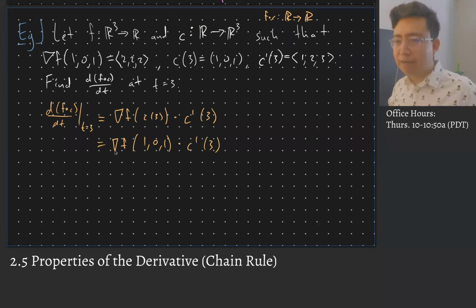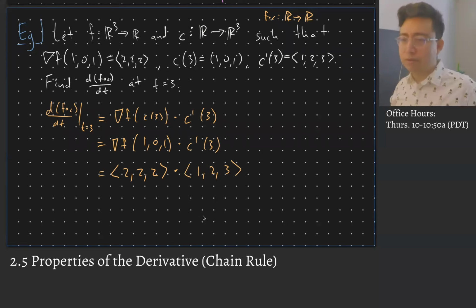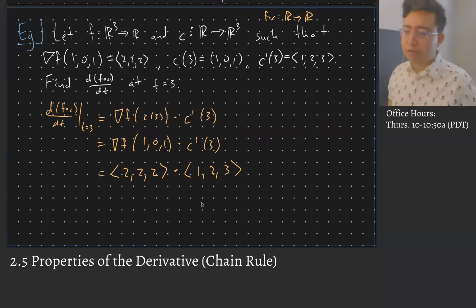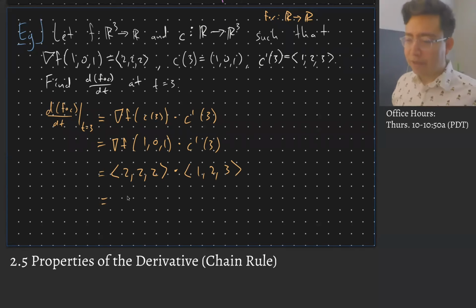The gradient of f at 1, 0, 1 is 2, 2, 2. And then we take the dot product with c prime at 3, which is 1, 2, 3. And now it's just a dot product. So we do 2 plus 4 plus 6, which is going to be 12.